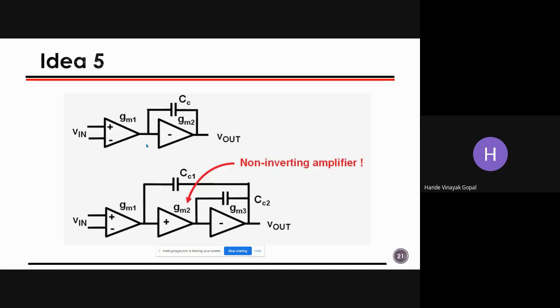And for adjusting the stability of a 4-stage amplifier, you have to consume a lot of power and area, so generally people don't prefer it. 3 stages is also a little rare, but definitely 2 stages is very common, right?